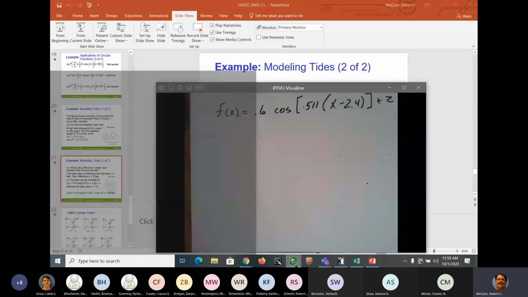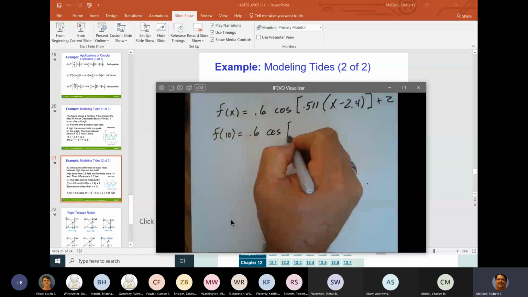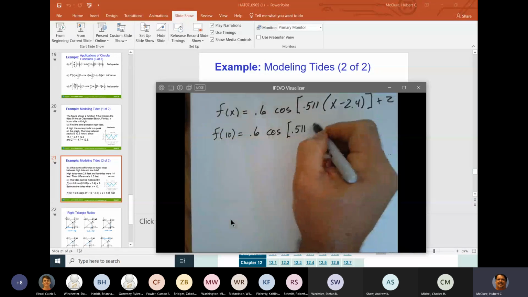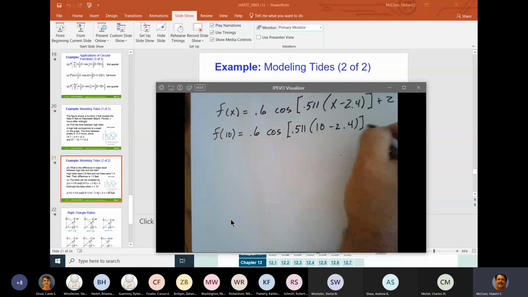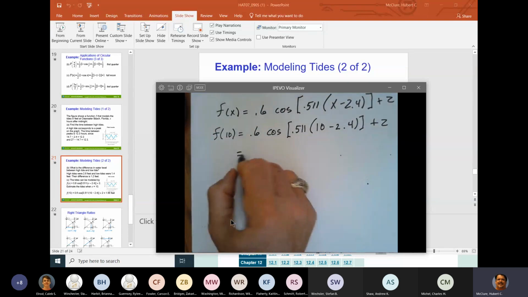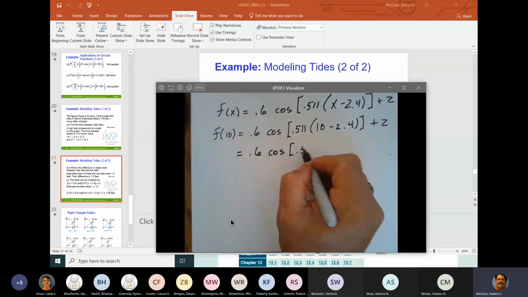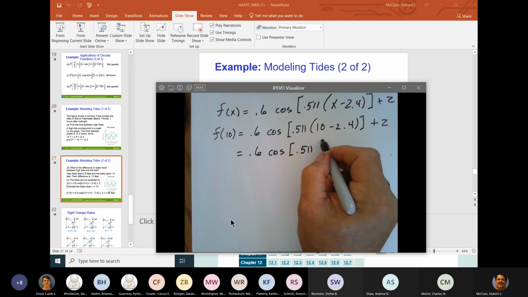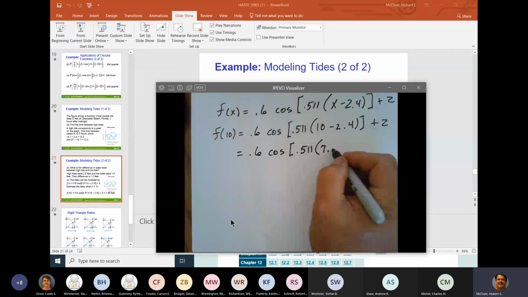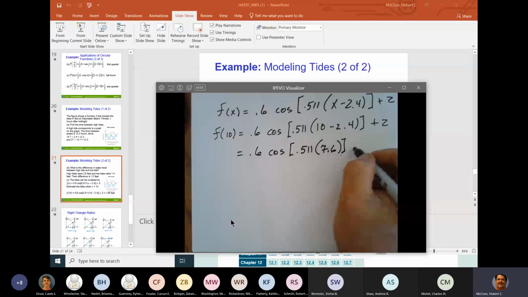f of 10 is equal to 0.6 cosine 0.511 times 10 minus 2.4, plus 2. Well, that's going to be equal to 0.6 cosine brackets 0.511 and 10, that'd be 7.6, plus 2.